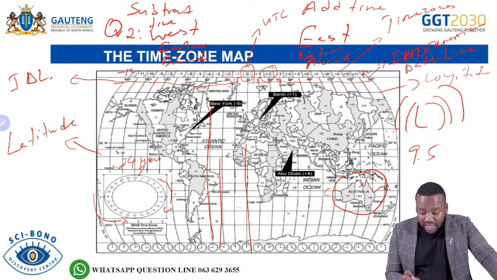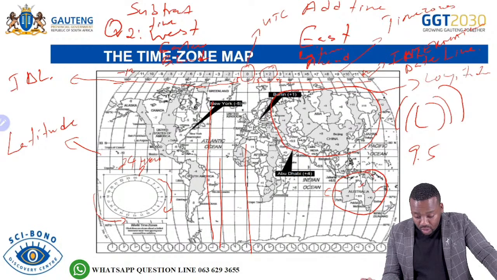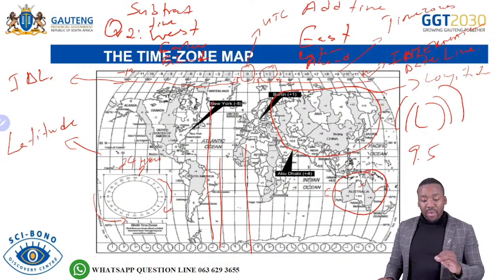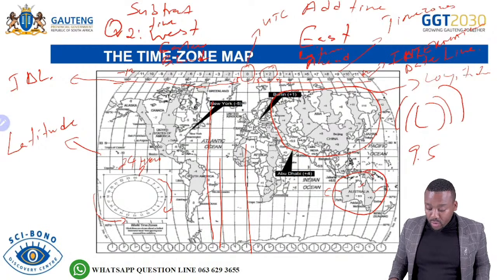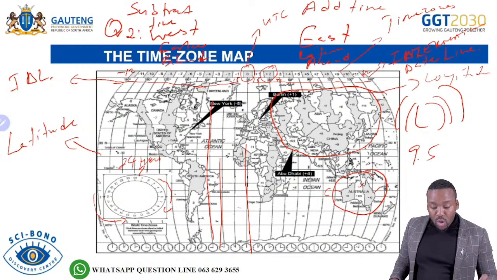When you go here again in Asia as well, you will see here that it is quite a lot, a number of time zones, right? Some countries have more than one time zone, right? Remember here again, you need to remember your 7 continents because on your time zone, they will give you the cities, but you need to know where New York is.